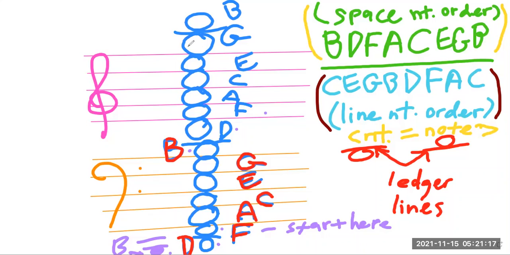Well, let's try to look for an easy way to remember the order, because I know this is a lot. So, let's see. What's an easy way to remember this? I think there's some way to remember this. So let's just do this.